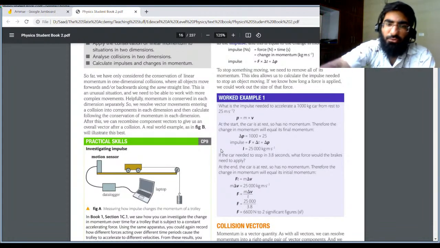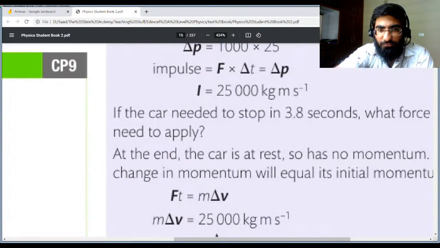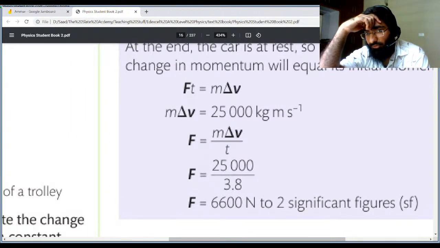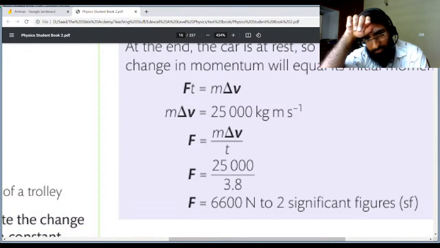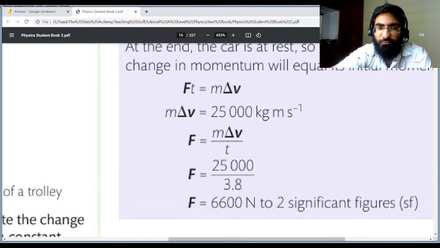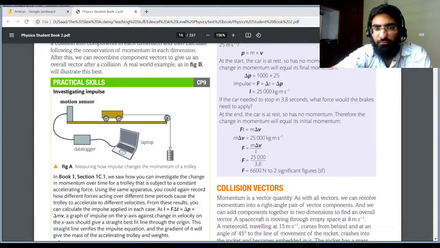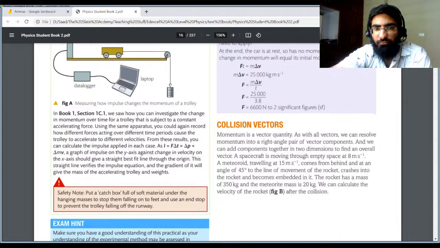Impulse is equal to force multiplied by time. Okay, so the second I just used for. Okay, got it.